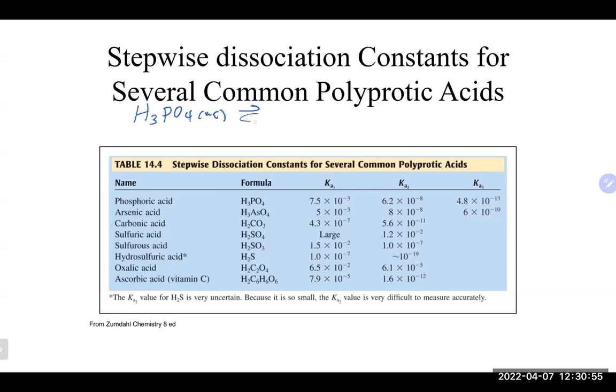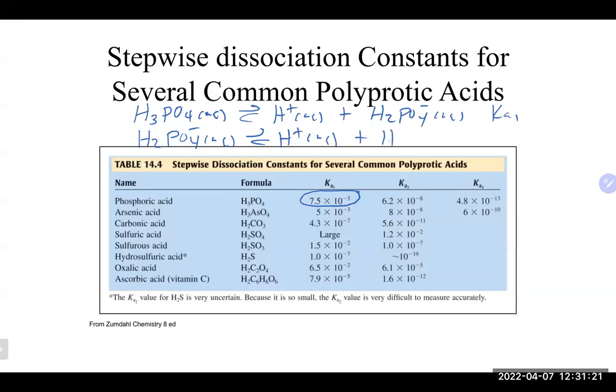The first thing that's going to happen is that first H plus will come off and we will be left with H2PO4 minus. This is the Ka1 value for that process, which happens to be right there on this table. Now, the result of that reaction will then go and lose the next hydrogen.